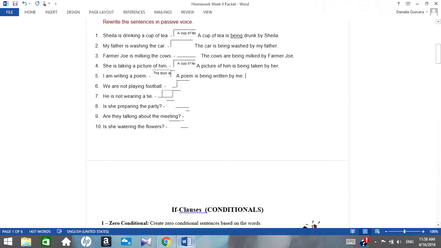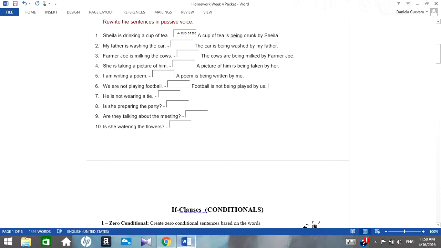So don't forget that whenever we're doing the passive voice, every single main verb is going to take the past participle. We are not playing football. Football is not being played by us.